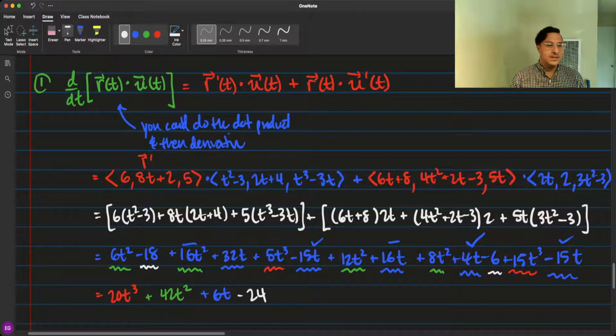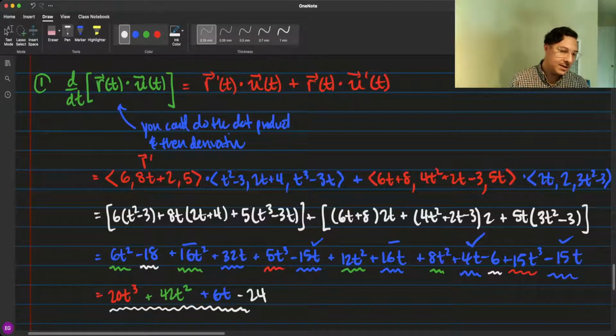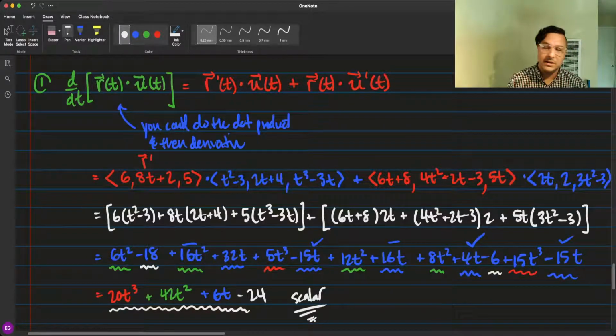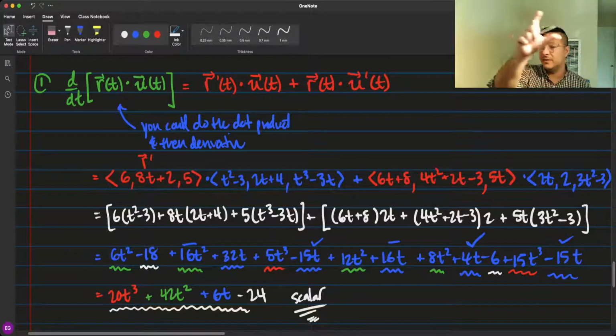Notice, this is a little interesting, we're taking the derivative of a dot product, and you get this function, which is a scalar. You don't end up with a vector, right? Because when you dot something, you get a scalar. So if you're taking the derivative of a scalar, you get a scalar.